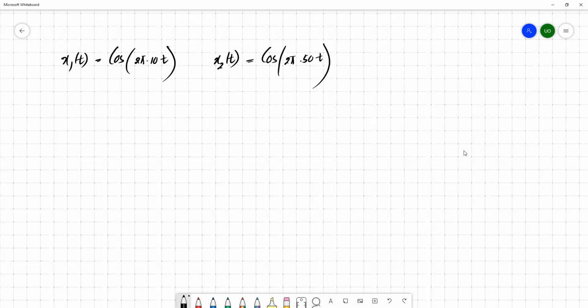By looking at these two signals, we can claim that here the frequency is 10 hertz, and here the continuous domain frequency is 50 hertz. So hope it's clear.